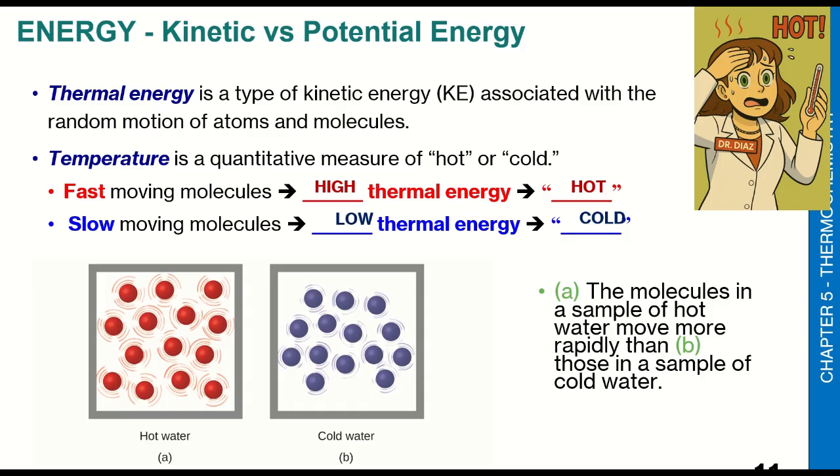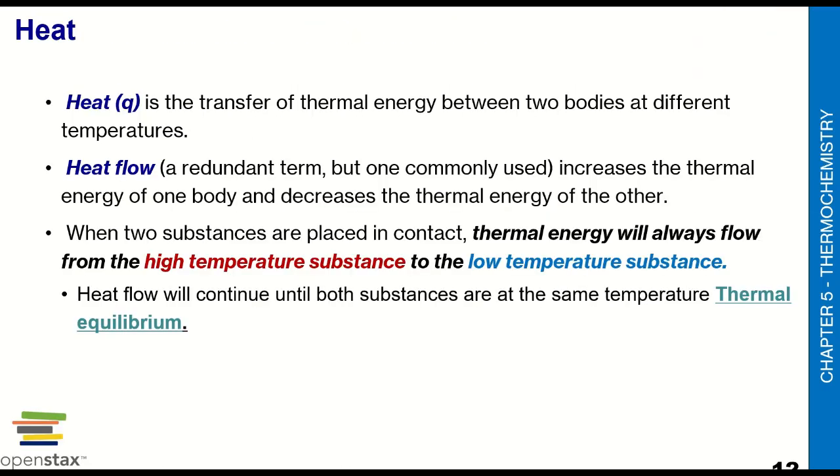The molecules here that are hot are the red ones, and we have the blue, which is cold water. Heat is the transfer of thermal energy between two bodies at different temperatures. Heat flow, a redundant term but commonly used, increases the thermal energy of one body and decreases the thermal energy of the other.